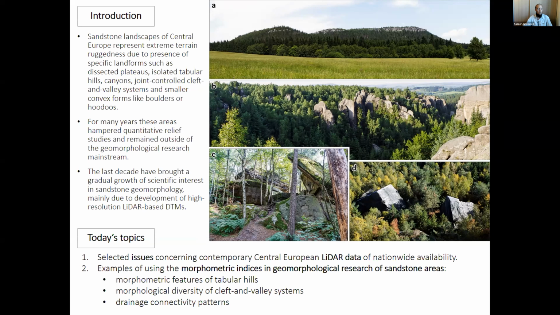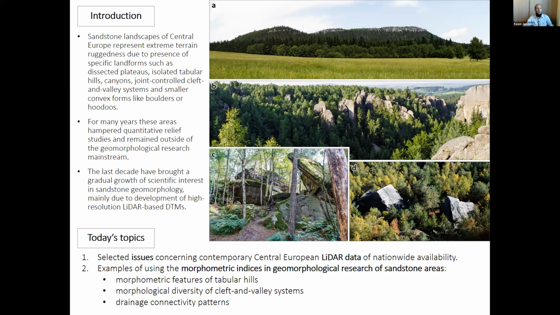So, starting without an established set of morphometric measures dedicated for such type of landscape, during the last 5 years, we managed to tackle quite a broad palette of topics concerning sandstone landforms and geomorphological processes in few different locations, and thus I would like to share some of our experience with you.